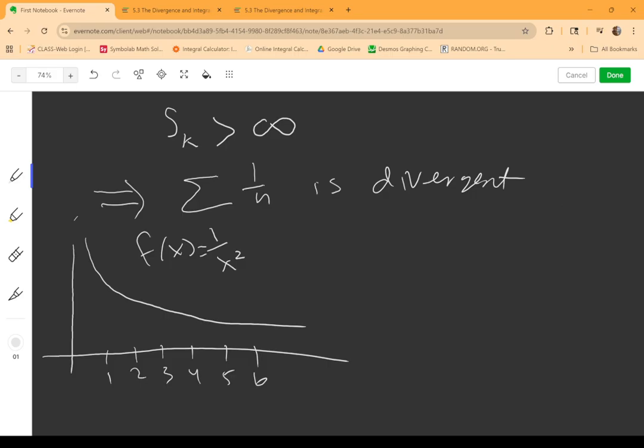And now I draw the rectangles a slightly different way. So here this rectangle area is 1, since the width is 1 and the height is the function value. So when I plug in 2, it is 1 over 2 squared, 1 over 3 squared, 1 over 4 squared, 1 over 5 squared, 1 over 6 squared.